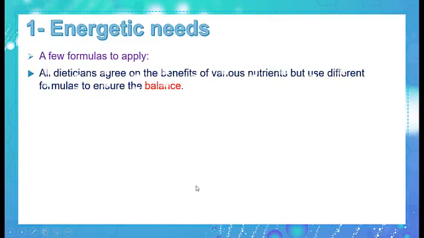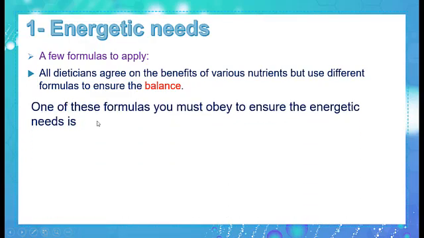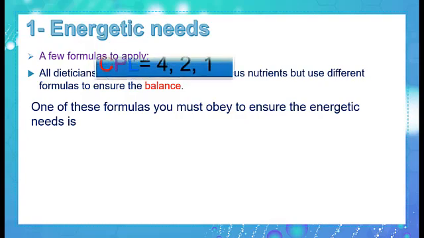Other formulas can be used for the energetic needs. For example, all dietitians agree on the benefits of various nutrients but use different formulas to ensure the balance. One of these formulas you must obey to ensure the energetic needs is C:P:L equal 4:2:1.